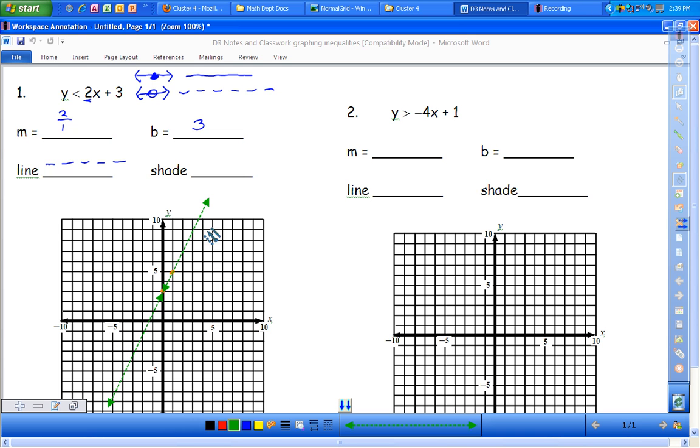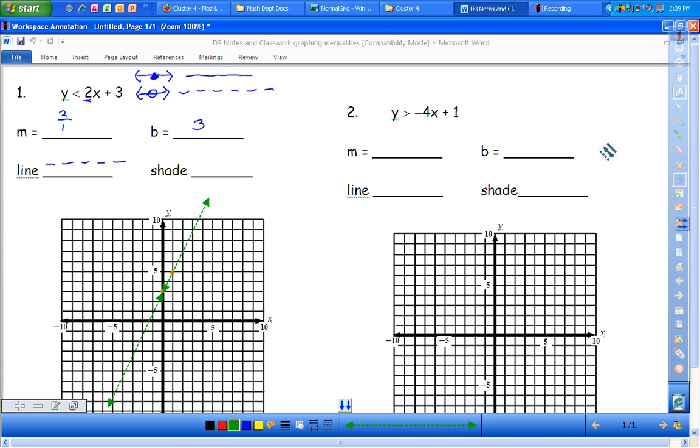If we were just doing a linear equation, this would be it, but it's a linear inequality, so we have to show all the numbers that are included in the solution. And it's not just these things right here, because it's y less than. Well, less than implies typically things that are below something else.